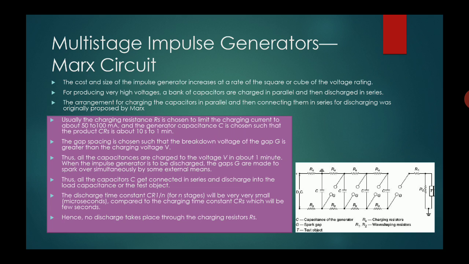The time required is very small, in terms of microseconds. So in a microsecond you will get a huge amount of voltage. Hence no discharge takes place through the charging resistor Rs, since the time is very small and does not affect the resistance Rs.